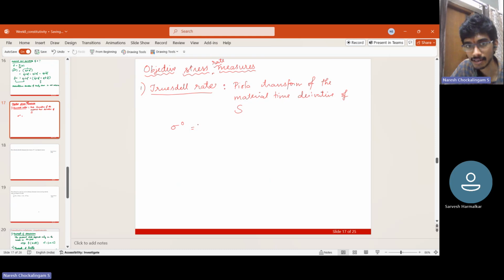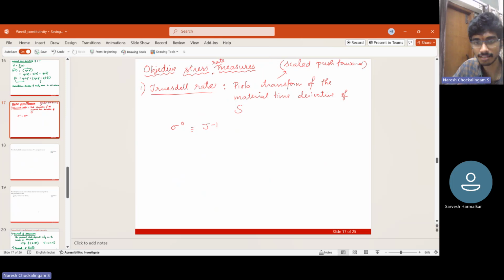It is defined as the Piola transform. So it is J inverse of, the Piola transform is nothing but a scaled push forward, right? So when we push it forward, we use the scale.